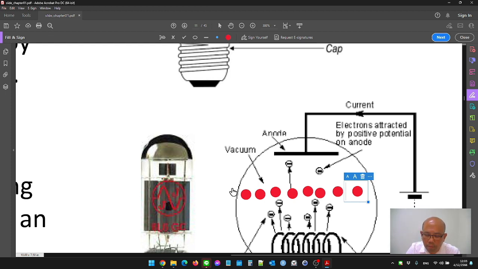When you supply voltage in the right direction and enough voltage, it brings more electrons moving from the tungsten coil to hit the plate. But when you supply voltage in the wrong direction, it blocks or gives only a few electrons moving from the tungsten coil to the plate. It's like controlling a water valve or water tap.